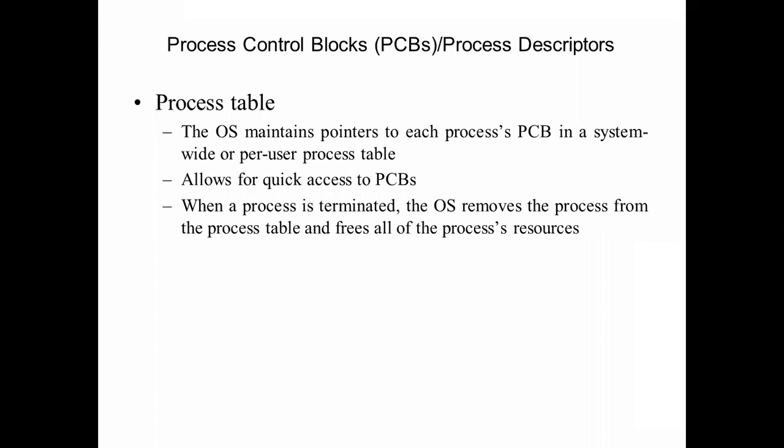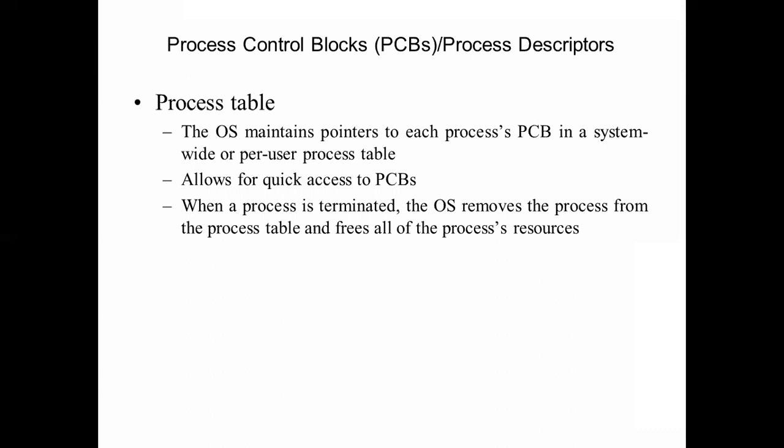Now you can see here the OS maintains a pointer to each process PCB. There is a process PCB, process control block, and the pointer has the connectivity with that. With the help of the pointer, you have the address of each location of the PCB. So the OS maintains pointers to each process PCB in a system-wide or per-user process table.